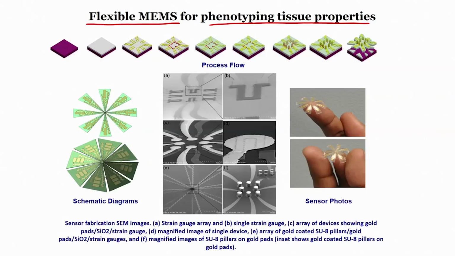And we will see how the process flow happens, how this device looks like. If you see closely, this device has this particular pattern, and actually there is an array of these patterns, and these arrays are nothing but strain gauges. What is that? Strain gauge.